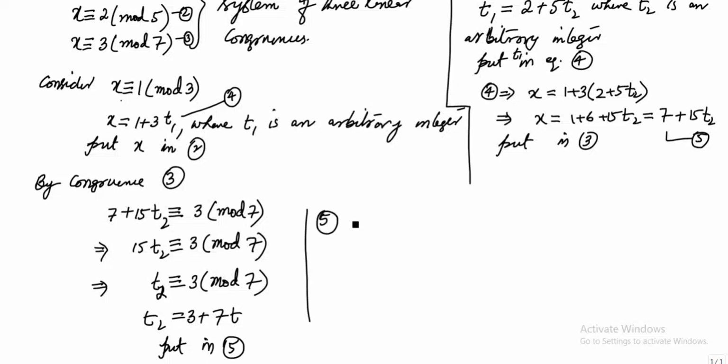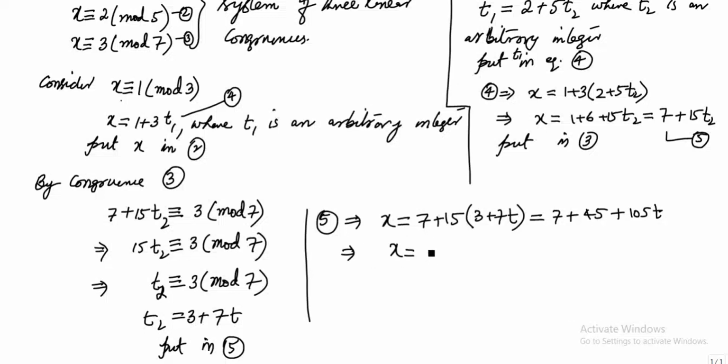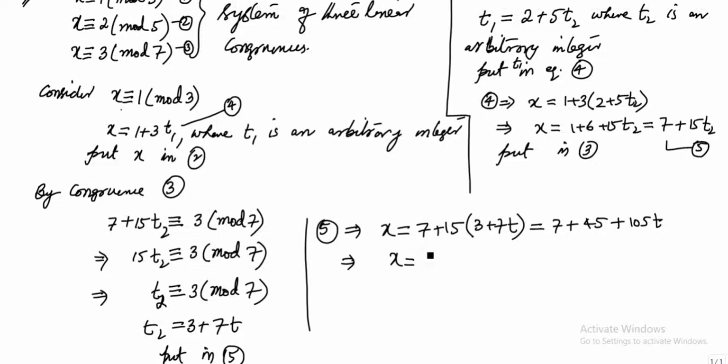So 5 implies x equals 7 plus 15 times 3 plus 7t, and this gives you 7 plus 45 plus 105t, and this can also be written as 52 plus 105t, where t is an arbitrary integer.